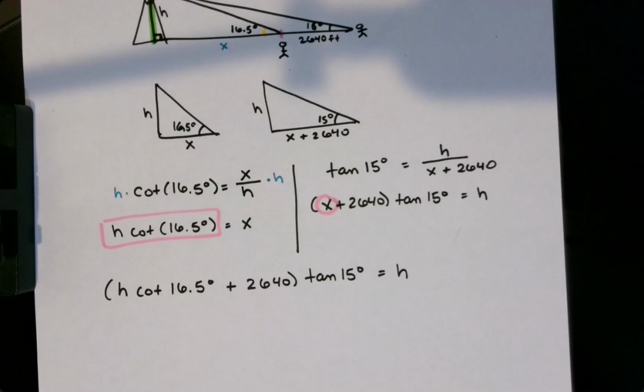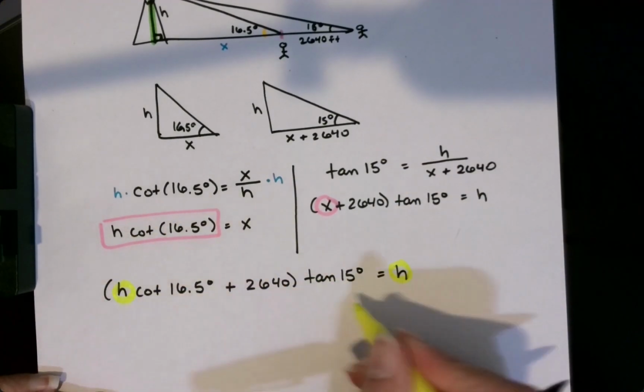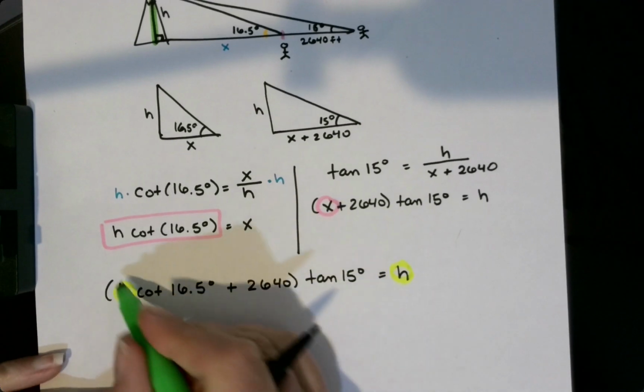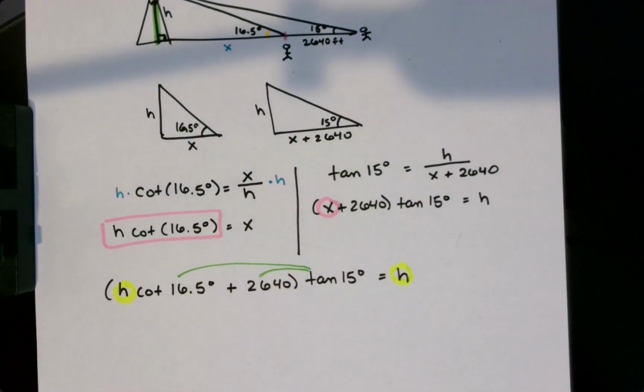I do need to solve for h, and there is an h on both sides. So in order to be able to solve for h, I'm going to need to get them on the same side and factor, which does mean that I'm going to need to get rid of these parentheses right here by distributing the tangent of 15. Let's distribute.